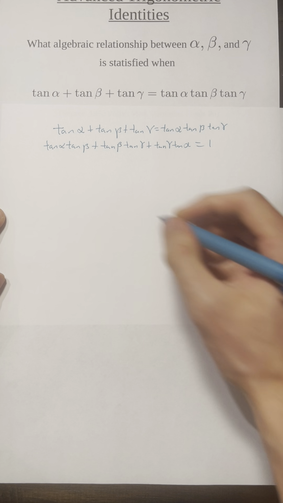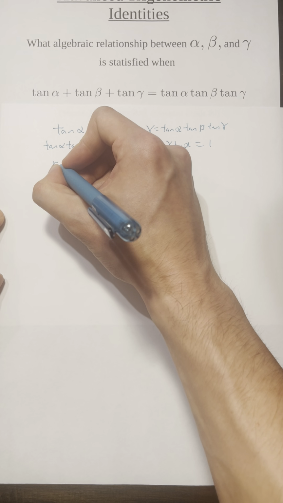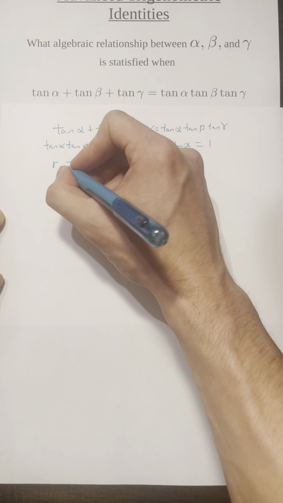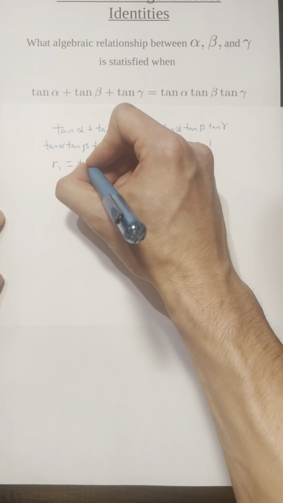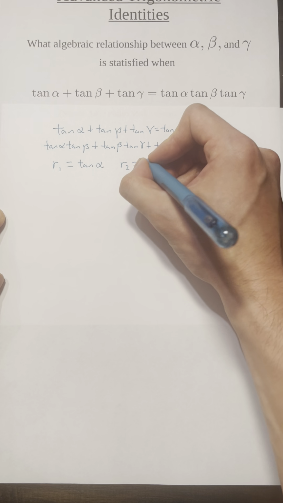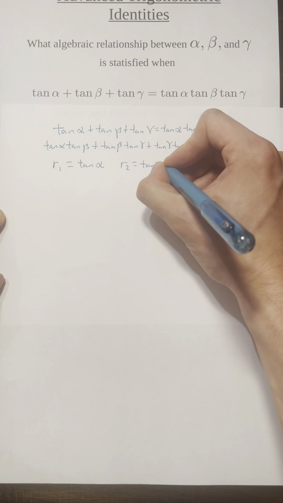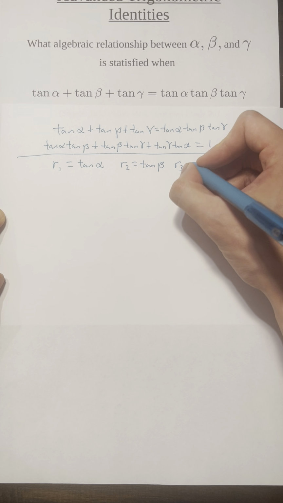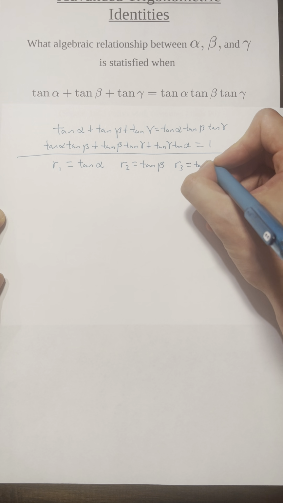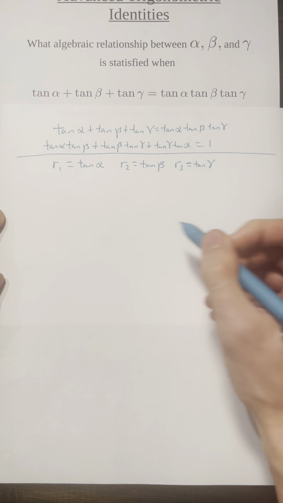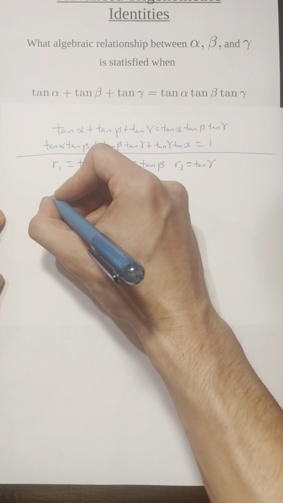I don't know if it's going to work, but let's say r1, so the root 1. Our first root is going to be tangent alpha. Second root is going to be tangent beta. And our third root is going to be tangent gamma. And we're going to create a monic polynomial.